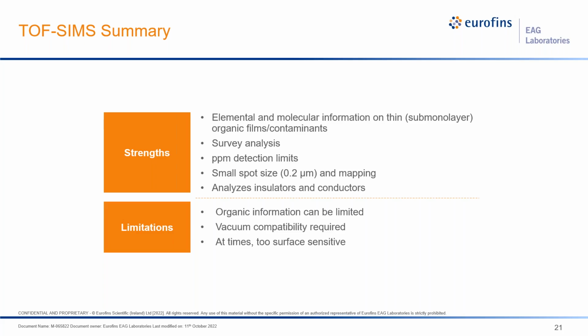Some of the limitations are the organic information can be limited, so not all species give the same amount of signal. The samples have to be vacuum compatible. However, we can freeze samples that are not quite solids. And at times it's too surface sensitive.